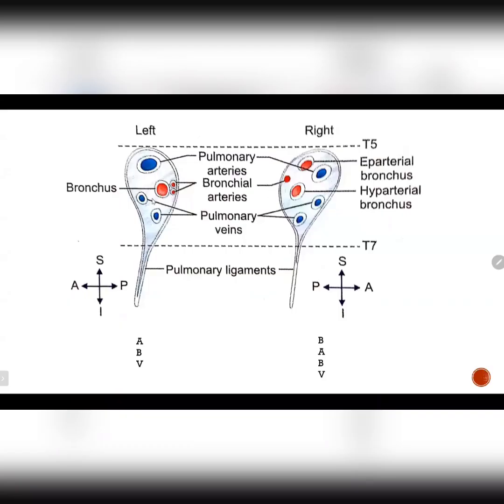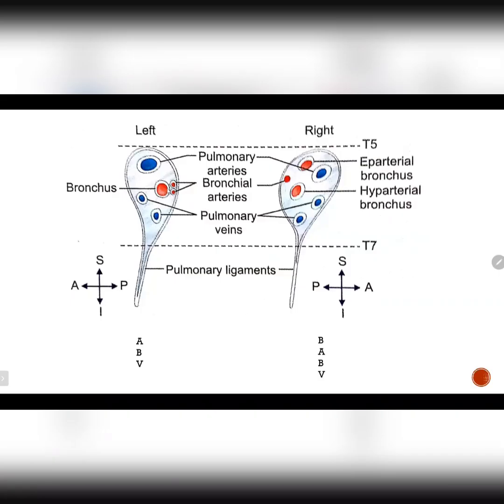Also, one more fact I want you to learn is not only the order of structures from superior to inferior, but also from anterior to posterior. So you just look at this key. It tells you this is the anterior aspect of hilum of left lung. This is the posterior aspect.